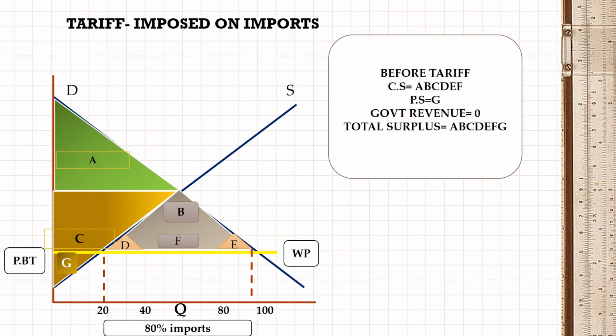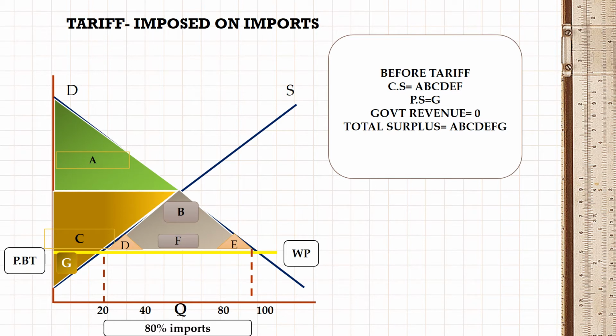So let's see the consumer surplus and producer surplus before tariff. So A, B, C, D, E, F, this is your consumer surplus because this is the area above market price and below the demand curve. And your producer surplus is only G because that's the area below the price and above the supply curve.